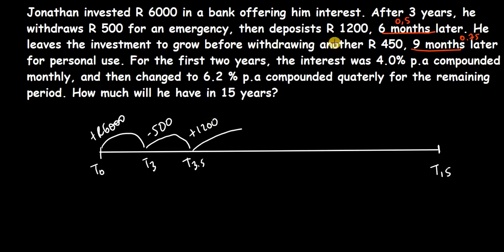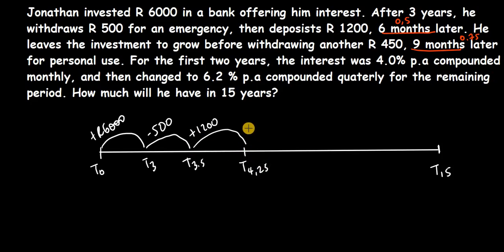He leaves the investment to grow for another 4 before withdrawing 9 months later, which was 0.75. So you say 3.5, you add 0.75, okay, that will give you 4.25. So this is T4.25, because we are working in years.